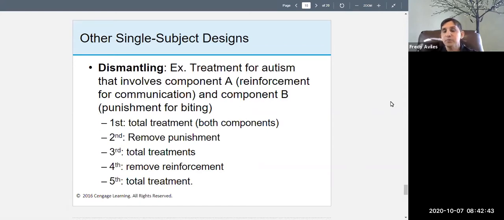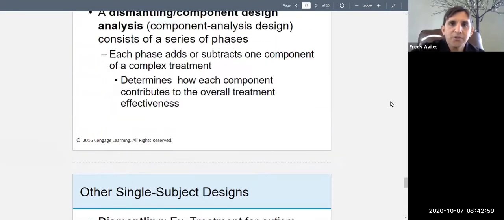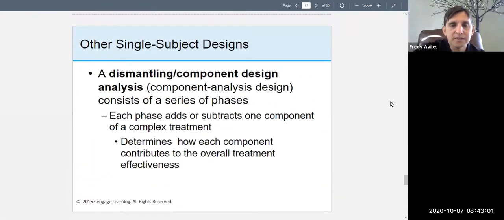And the drugs seem to work better together than alone. They figure that out by doing stuff like this. Dismantling design, where they take things away, or they can actually add components. But either way, we call this a dismantling or component design analysis.